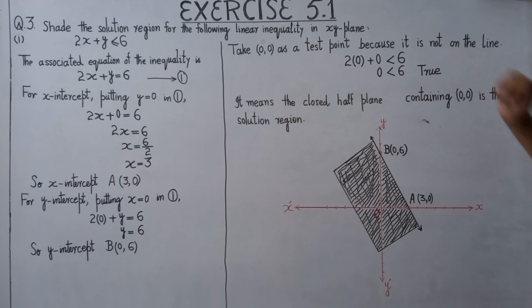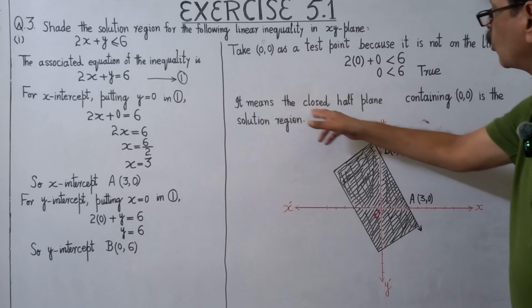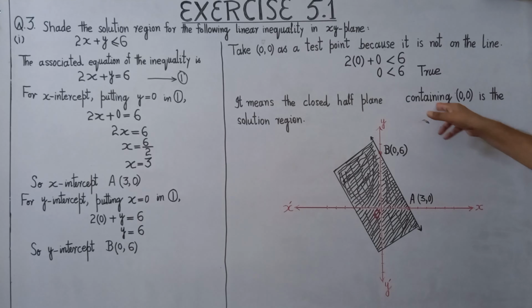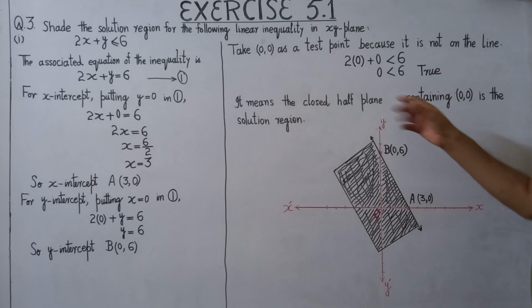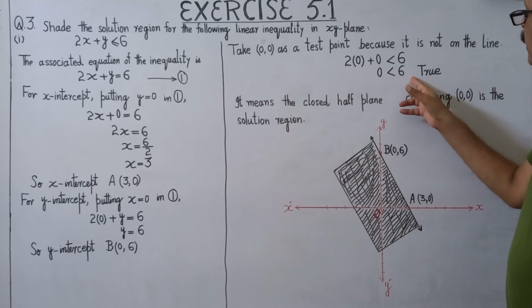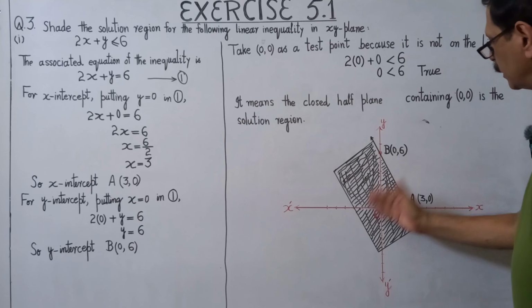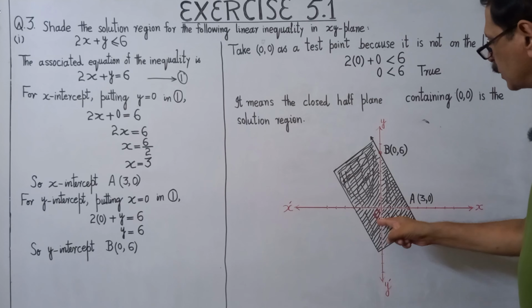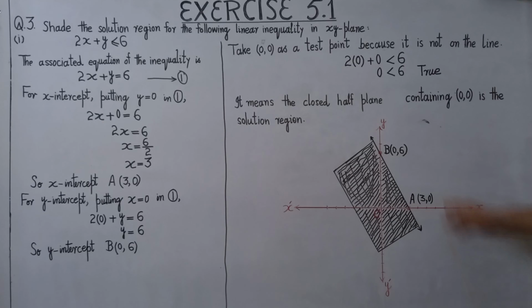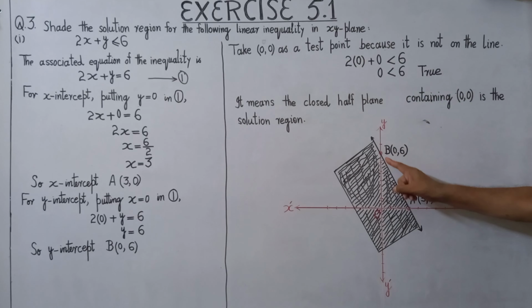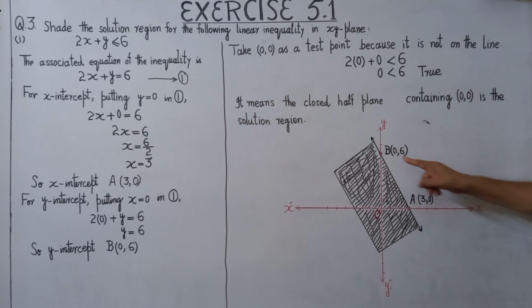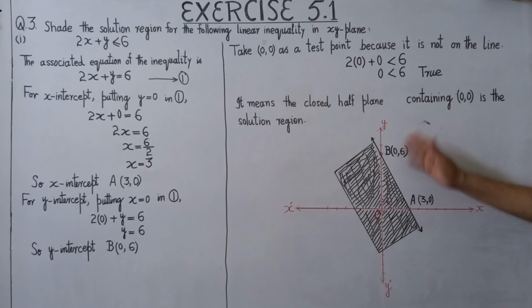If this is true, it means the closed half plane containing 0, 0 is the solution region. When this is true, the shaded area is towards the origin. When it is false, the shaded region is away from the origin.